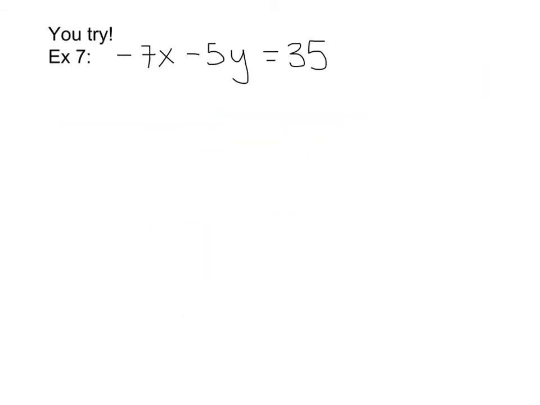So press pause, and I want you guys to take a second to solve negative 7x minus 5y equals 35, and you're putting it in slope-intercept form. So I need to solve for my y value, so I need to move my x to the other side. So that gives me negative 5y.